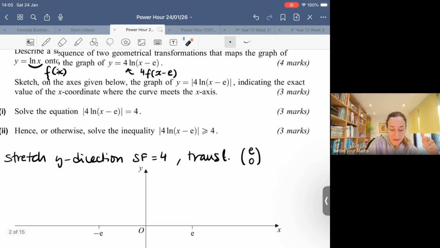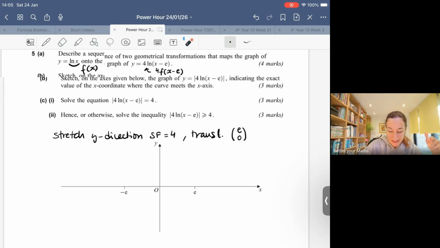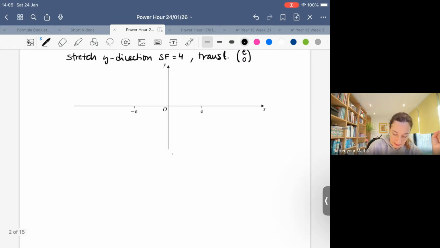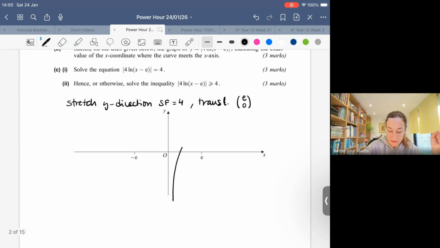Do you all know what ln x looks like? I'm going to draw it separately first. So ln x looks like this. Remember, ln x is the inverse of e to the power of x, and e to the power of x is an exponential, and exponentials look like this.